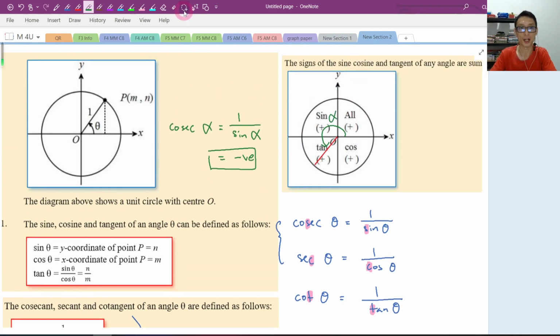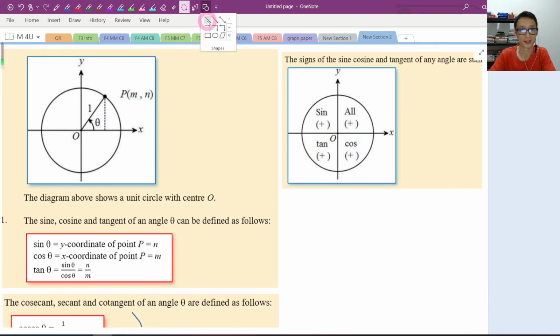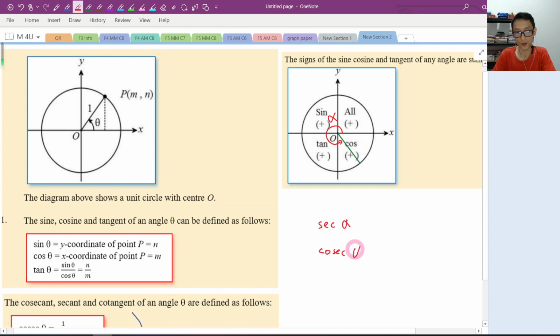Okay, let me give you one more example. Let's say this time the angle alpha is in the fourth quadrant. Secant alpha, cosecant alpha, and cotangent alpha. We cannot determine the value because we don't know the size of alpha.